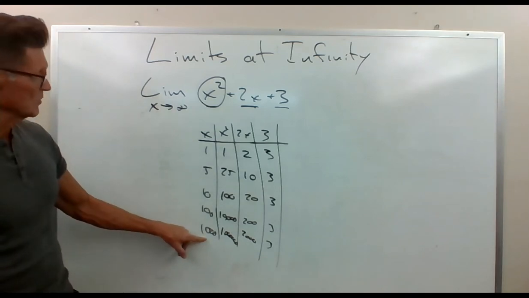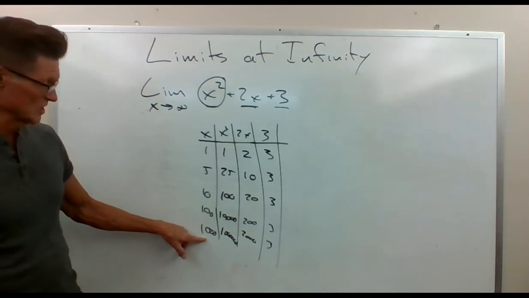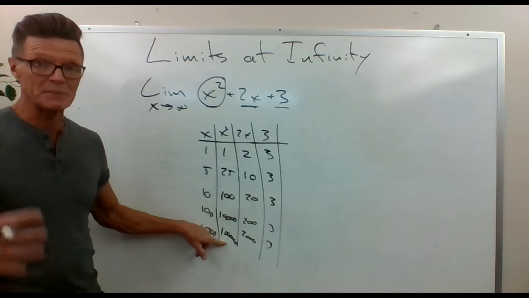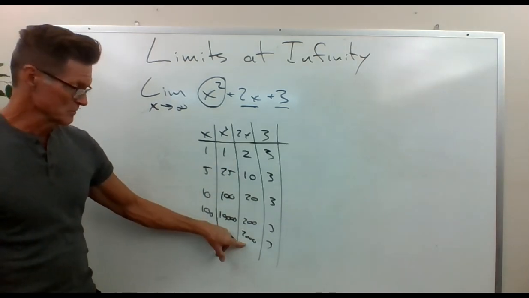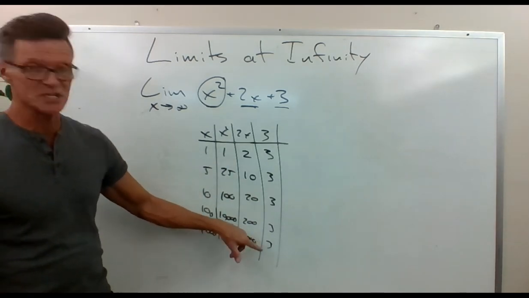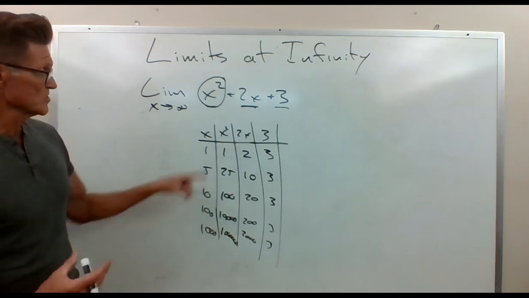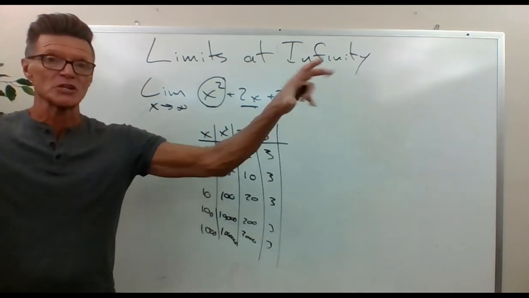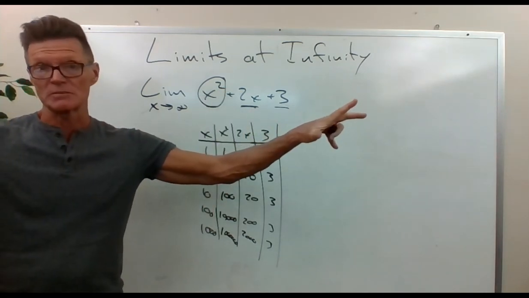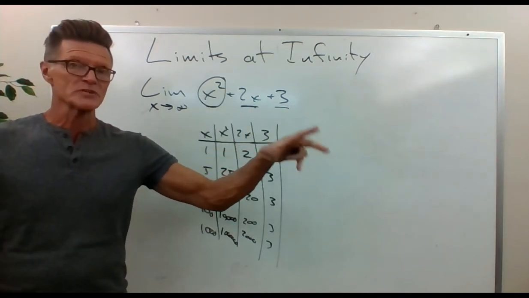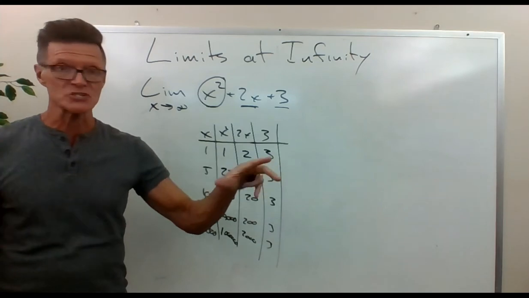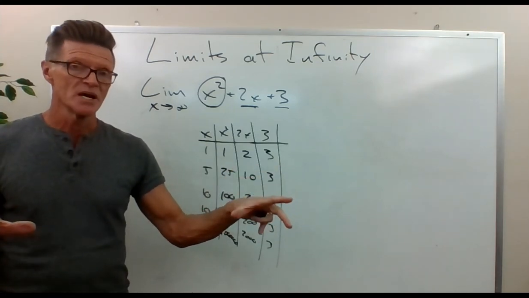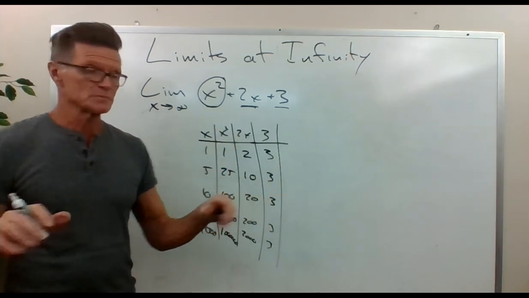So by the time we get to x just being 1,000, the x squared term is already at 1,000,000, the 2x term is only at 2,000, and 3 is 3. So in other words, the x squared term is the most powerful term. It is getting infinitely large faster than the other terms. That's important to know in most of our strategies that we use when evaluating limits.